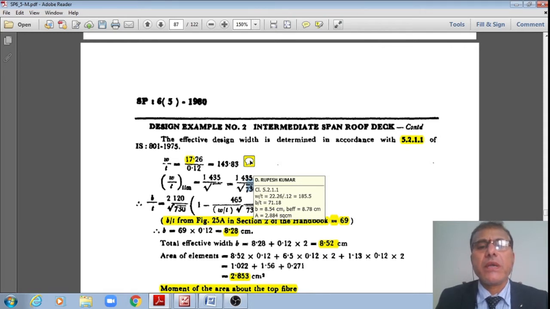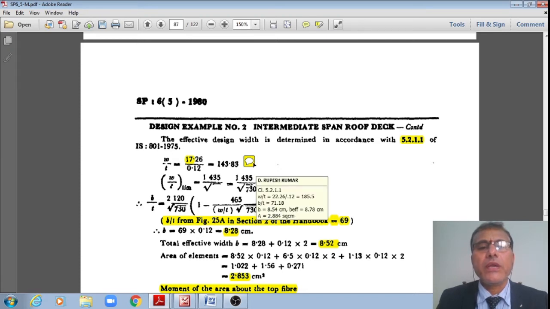Now let us see first this w by t is equal to 22.26 divided by 0.12. It works out to 185.5, student. Therefore, this w by t limit is 1435 divided by square root of 730, which is 53.1. However, please see that here the w by t actual, 185.5, is much greater than 53.1.